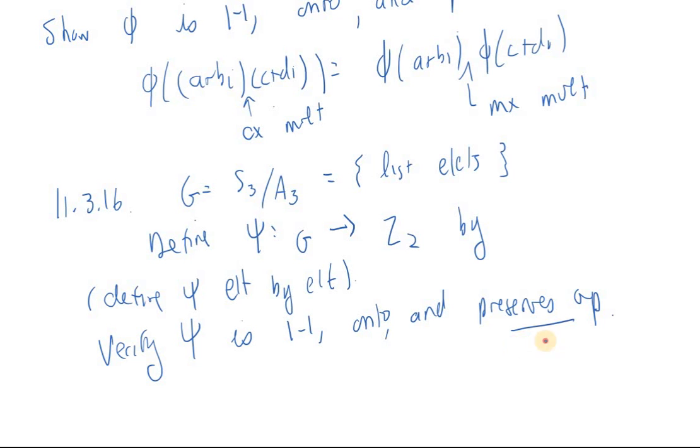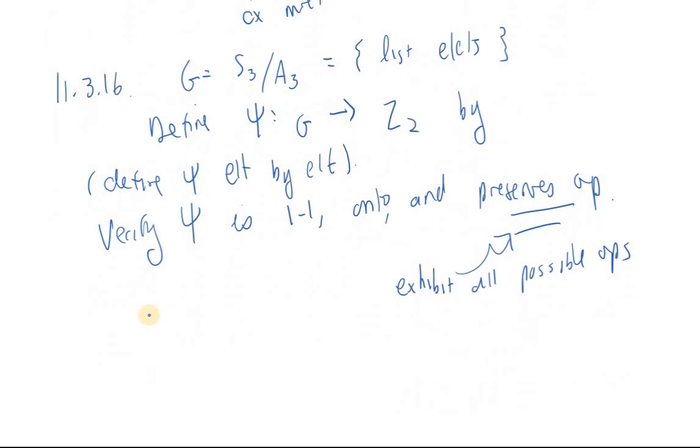Now, how do you show that it preserves the operation? Well, you can do it exhaustively. You can just exhibit all possible operations. Okay. Or you can show the identification of the Cayley table.